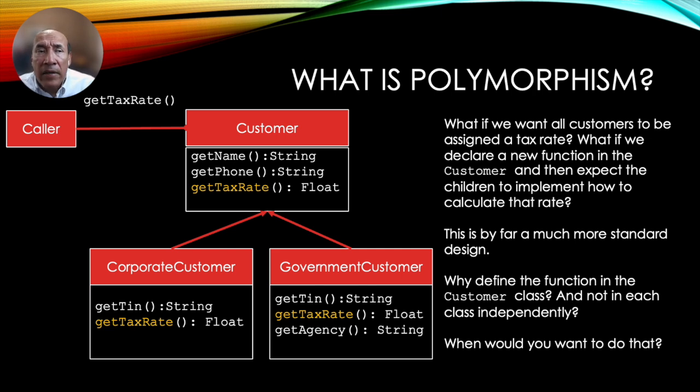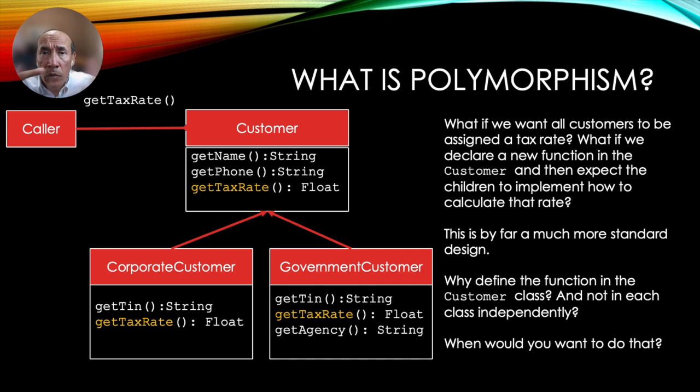If I have a list, an array, a collection of customers, and I have 100 of them, let's say I'm reconciling my statements at the end of the day in a little program. Listen, I don't know what kind of customer you are, but I know you have a tax rate because customer said so, and you're going to give me back a float.